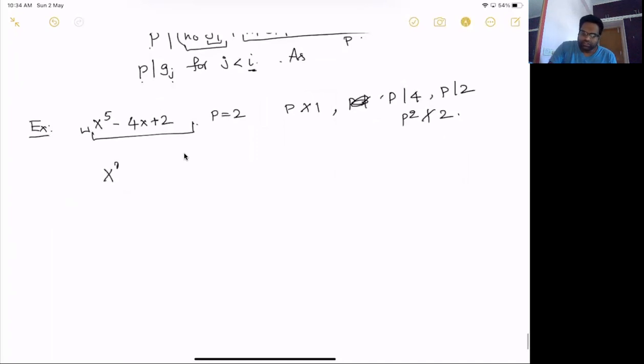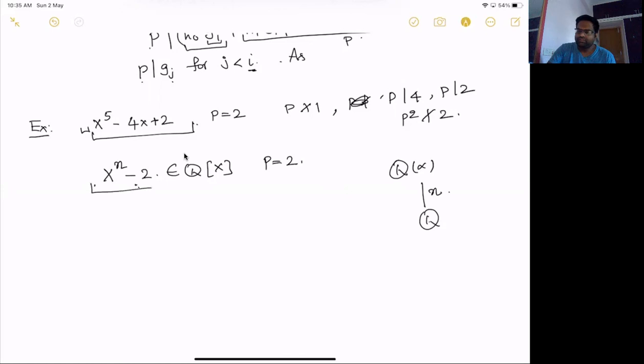Now if you take x to the power of n minus 2 in Q[x], you can easily see that this is irreducible by taking p equal to 2. So over Q, you can construct an extension Q(alpha) of degree n, because this is a monic irreducible polynomial, and therefore it must be the minimal polynomial of alpha, where alpha is a root of x to the power of n minus 2.